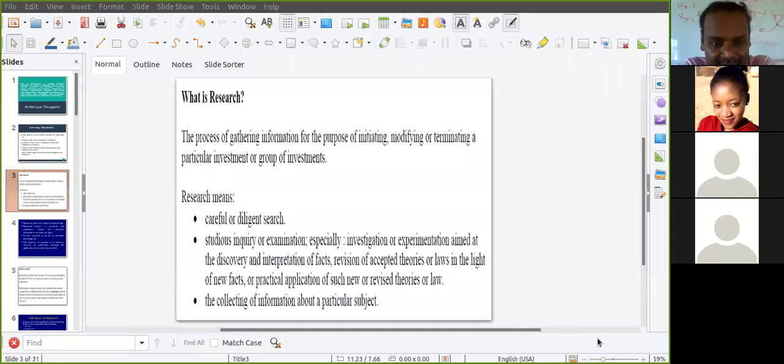That is called research. In simple terms, research means again and again searching for the truth or the unknown fact.